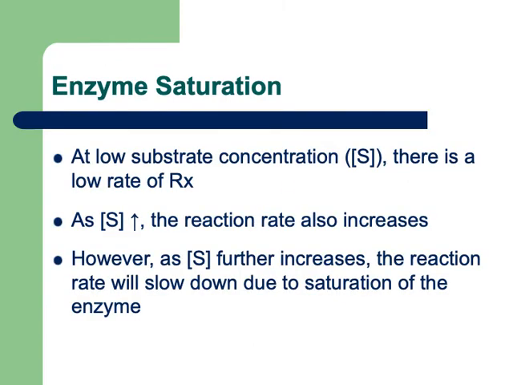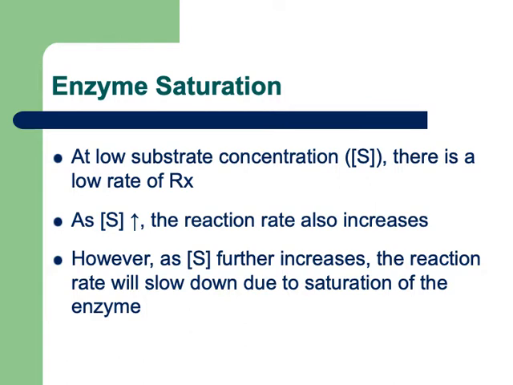Another concept that's extremely important is enzyme saturation. There's only so many enzymes within the cell. You may have a lot of substrate, but you might not have enough enzymes for that substrate to interact with. This is called enzyme saturation, where all the enzymes are already saturated with substrate. So let's look at this for a second. At low substrate concentrations, there is a low rate of reaction. That's what we showed on the previous slide. When there's not much substrate available, then the reaction will not necessarily happen that fast.